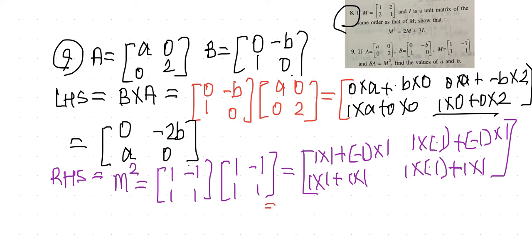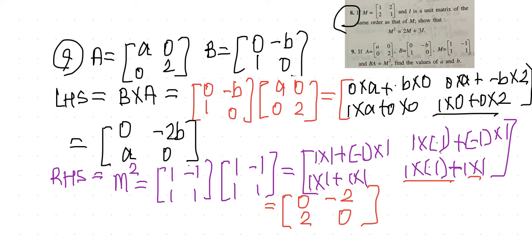So this is equal to how much? 1 into 1 is 1 plus minus 1 is 0. So here 1 into minus 1, and so this will be minus 2. Here 1 into 1 is 1 plus 1 into 1 is 1, 2, and there this term is going to be 0. So this is what I am getting: 0, minus 2, 2 and 0.